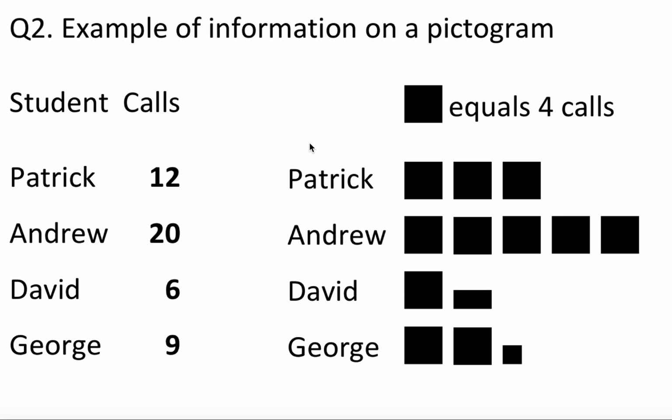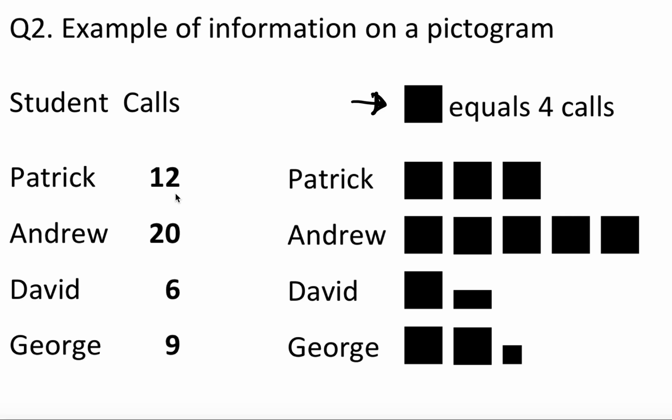These are commonly used in presentations by big companies to display their data, and they'll use different ways of doing it. An example here I've given is basically we've created a square, or a cube, to represent 4 calls, and then we've looked at each student, and we've put the image of the square or the cube how many times to represent the number of calls.